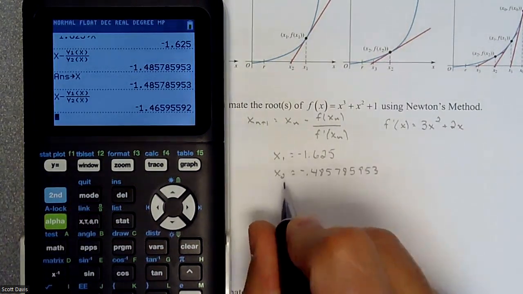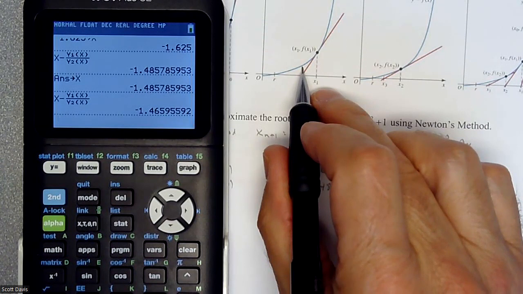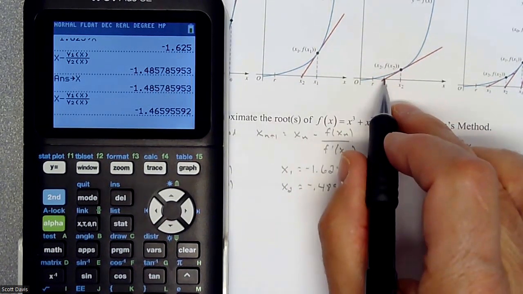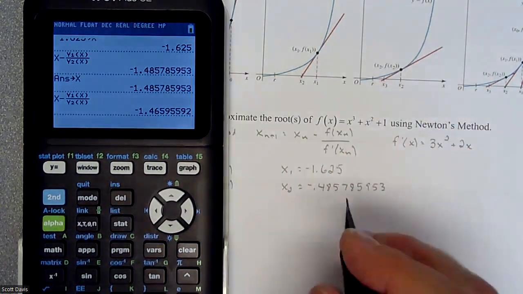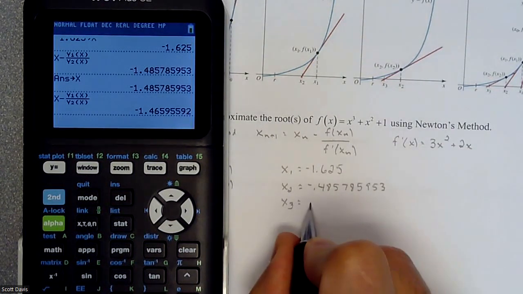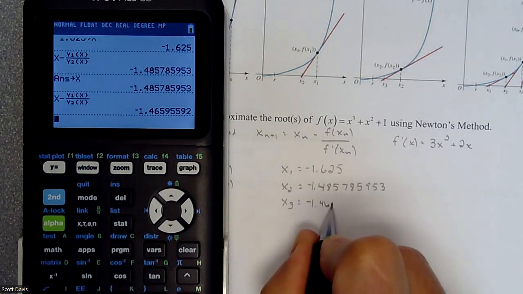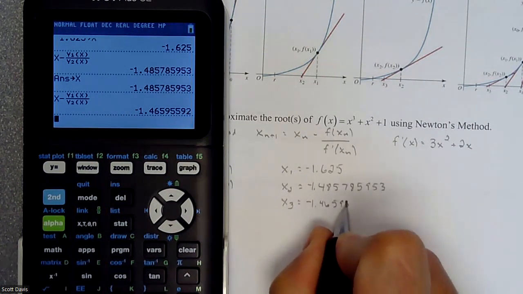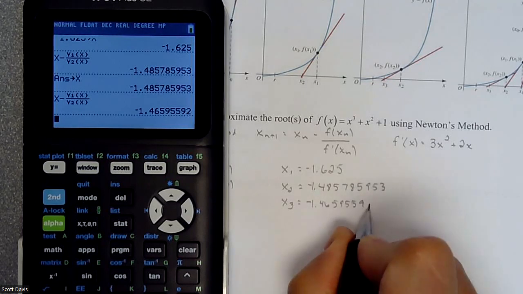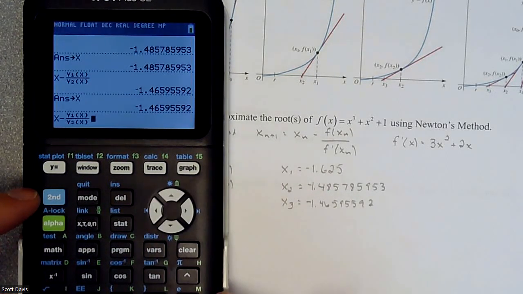What it's constantly doing is getting me an x-intercept, and then I start this whole process again, and I get another x-intercept, and another, and it's squeezing it. My third iteration is, I missed a 1 in front of that, negative 1.46595592. Then I'll store it again as x and let it run.